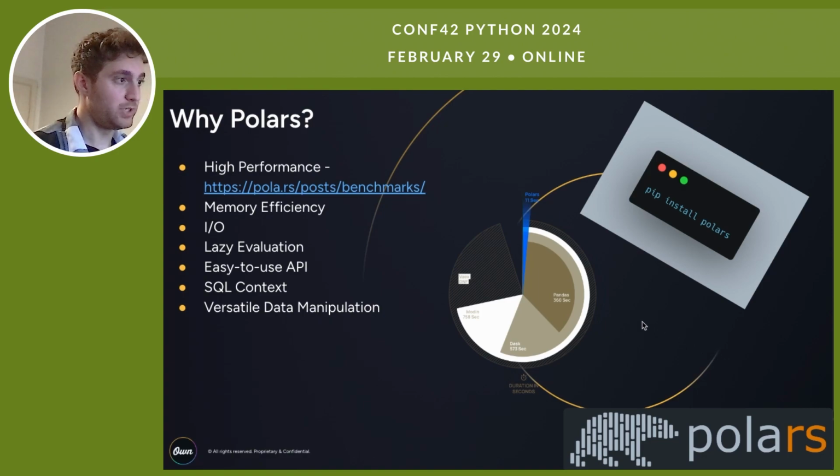Polars supports a wide range of operations, including filtering, sorting, joining, grouping, and aggregating data. We have interoperability. So Polars can interact easily with other Python data science tools and libraries, again, such as pandas, allowing for seamless integration into existing data science workflows.